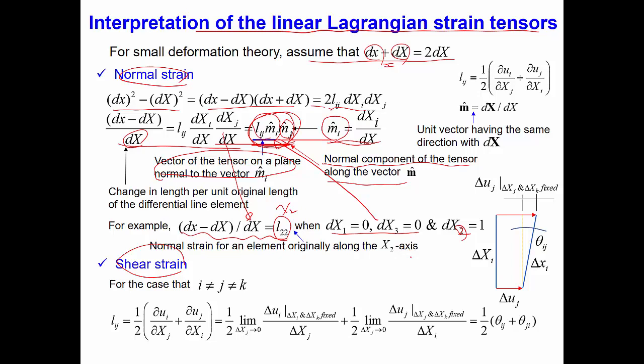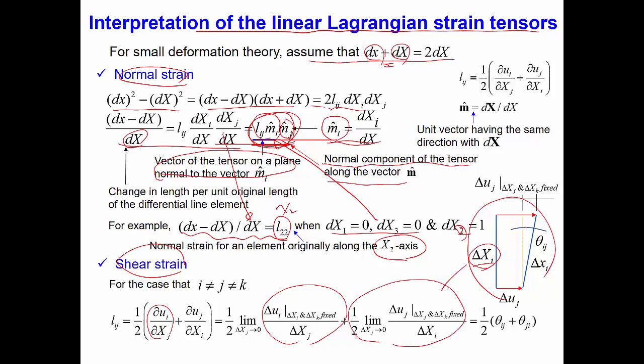Now let us check the meaning of the off-diagonal terms of the tensor quantity using the definition of partial differentiation and these graphics. Let us consider a line segment on which only delta xi is allowed to change along the line element.